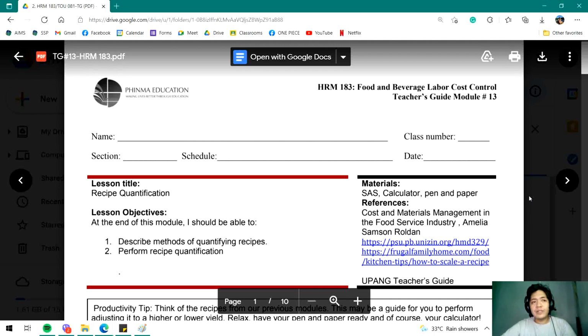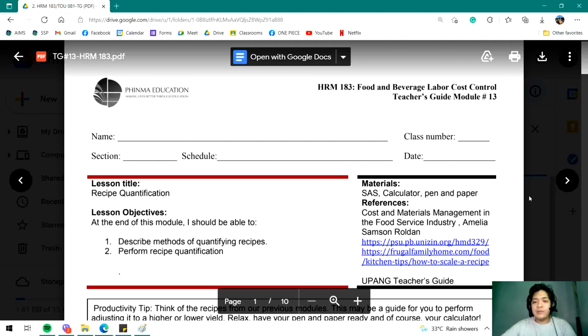And of course, hindi ka naman gagawa ng isang pagkain sa restaurant mo na ang total yield lang is, let's say for example, 5 or 10. Of course, you'd like to cook for your establishment a huge portion or pangmaramihan ang lulutuin mo.